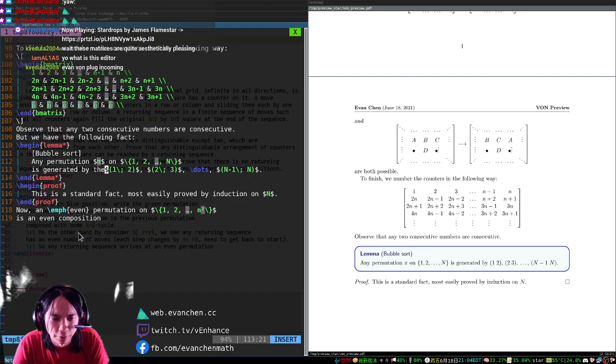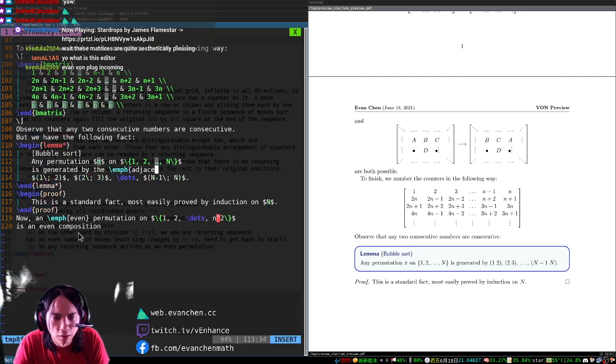Well, let me give these a name. The adjacent transposition and transpositions.